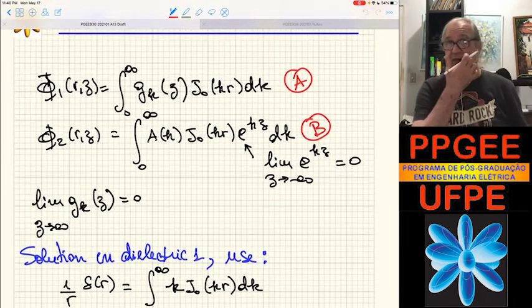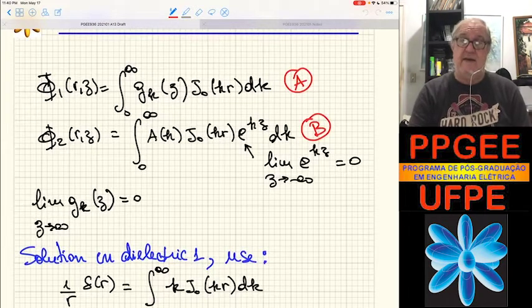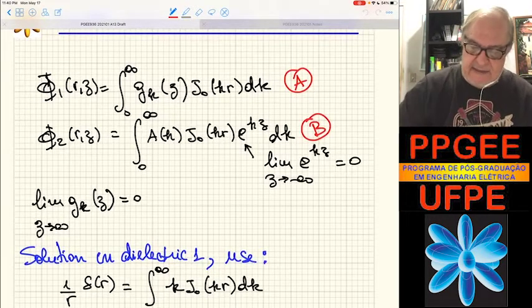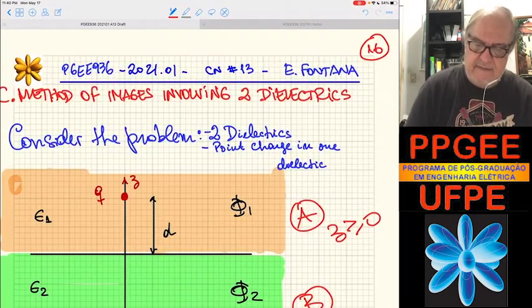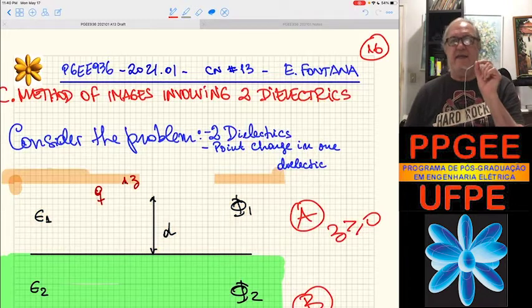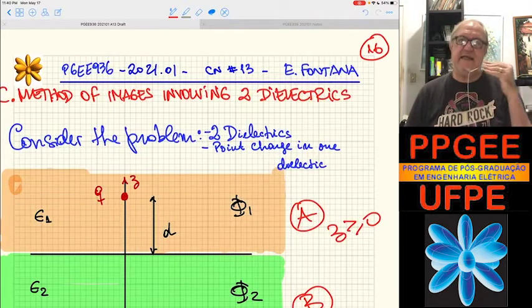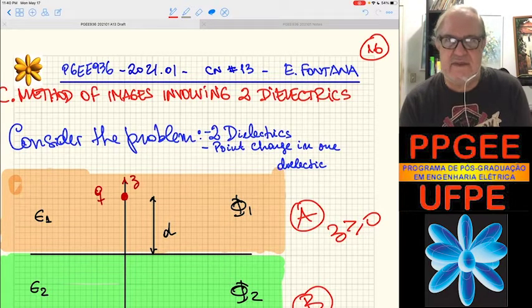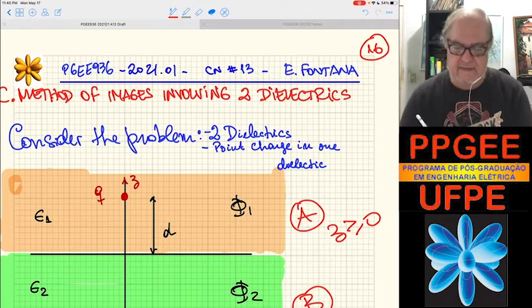We have to be careful: every time I have a singularity like this, the z-dependent function doesn't have a continuous derivative because of the delta function.